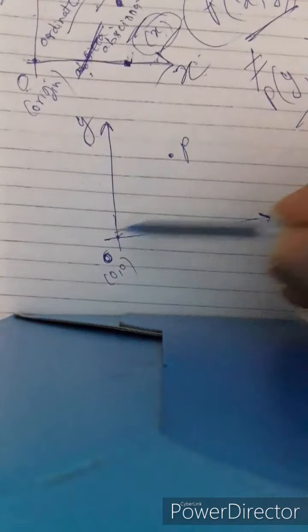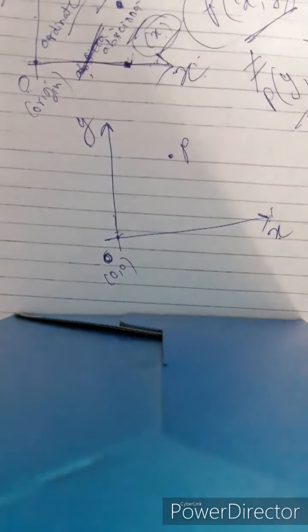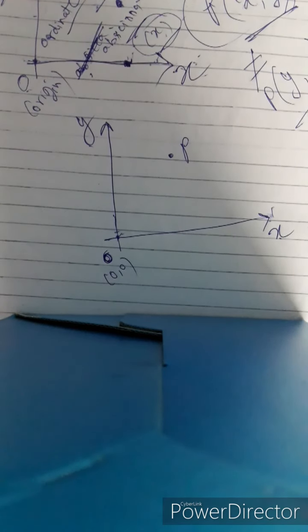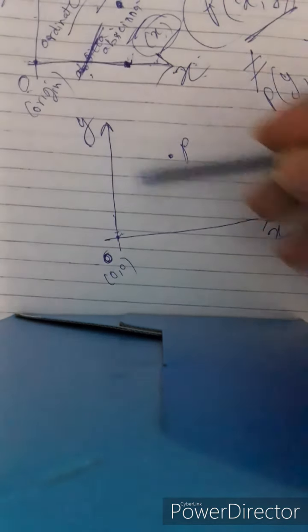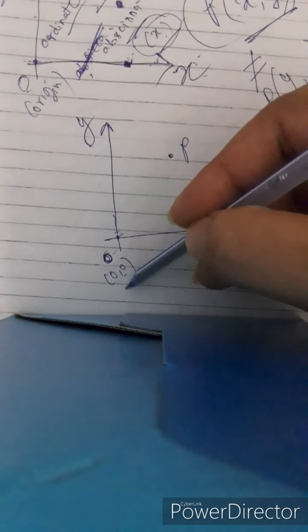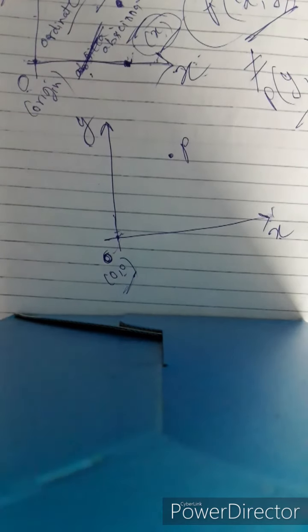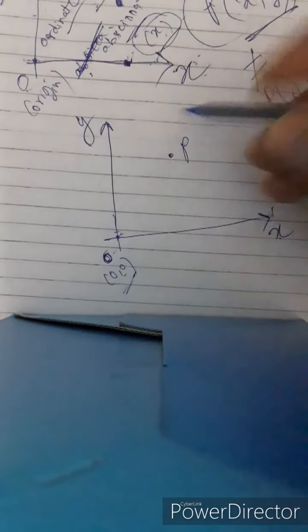Mind it, this axis I have drawn in a plane. In a plane, the horizontal is the x-axis, vertical is the y-axis. The point of intersection of the x and y-axis is the origin, denoted by 0 0 and by O.